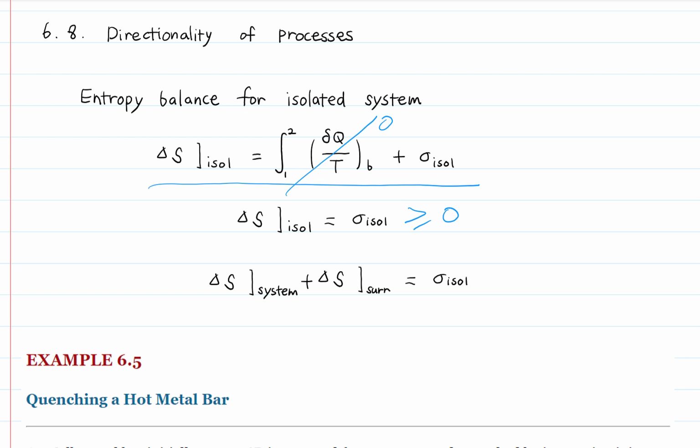But there is no heat transfer to the isolated system. On the other hand, the entropy increase of an isolated system is caused by the irreversibilities, not by the heat transfer. The entropy of an isolated system is the sum of the entropy of the system and the entropy of the surrounding.